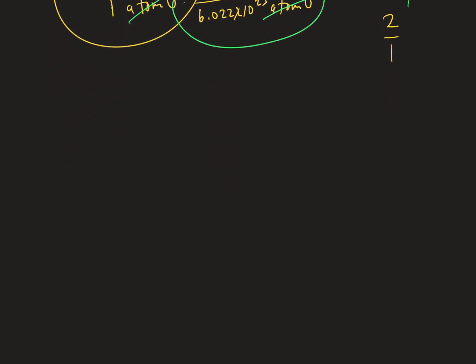In fact, should we practice some of this stuff before we move on? Okay, on section 1 and 2 on your worksheet, section 1 says calculate either atoms to moles or moles to atoms. No, this is all particles to moles. No, moles to, no, it's both.